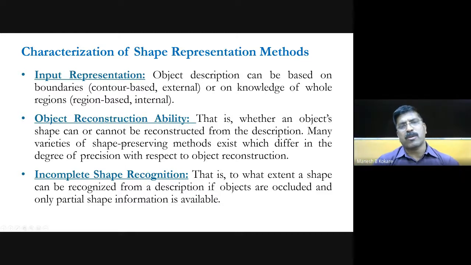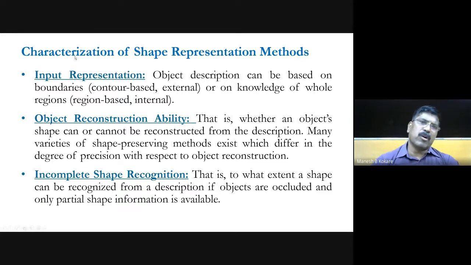Many varieties of shape-preserving methods exist which differ in the degree of precision with respect to object reconstruction. So the characterization is based on the input representation, whether you are representing the shape based on the contour or on the region. Second, whether your shape representation method has the ability to reconstruct from the features. Some methods have that ability, some do not.